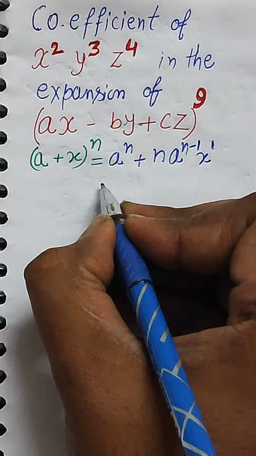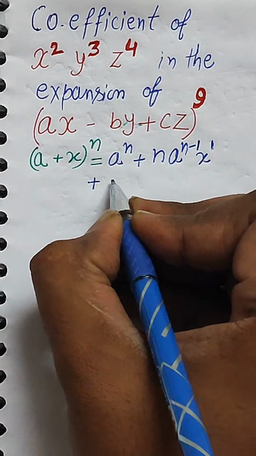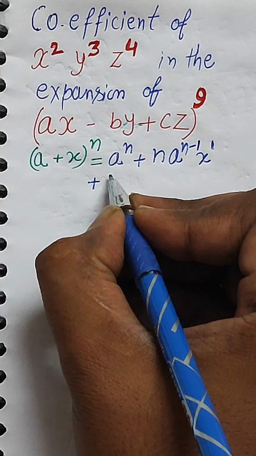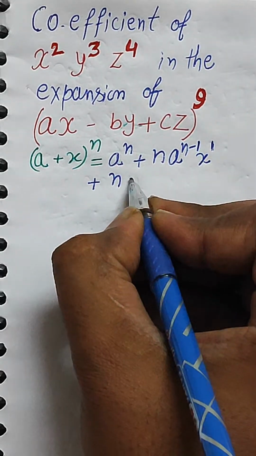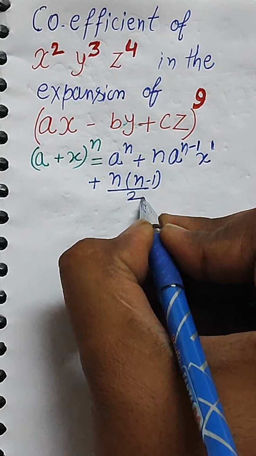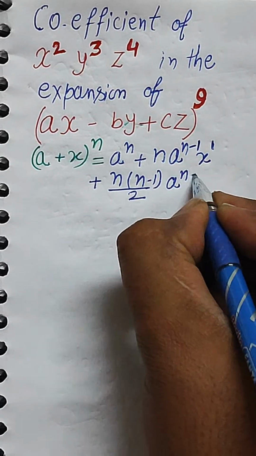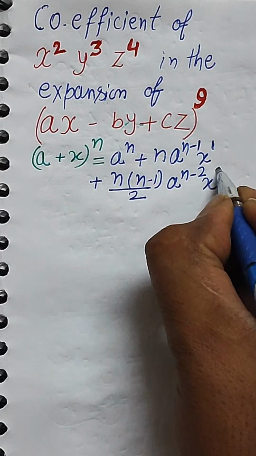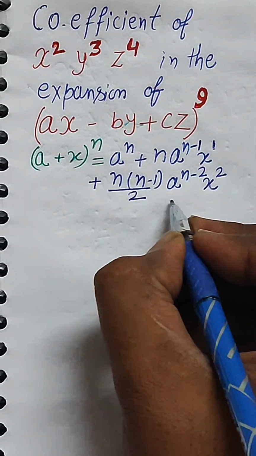This is the first term, this is the second term, then the third term is nC2, that is n into n minus 1 by 2, a power n minus 2, and x power 2, like this, right?